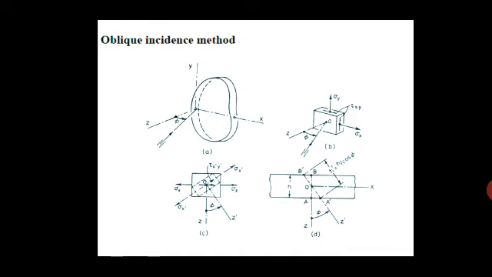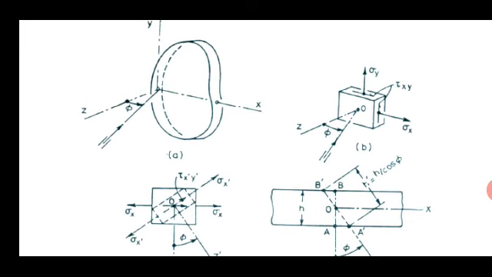Now, for the entire body, we will take an element of the body, that is, in terms of a two-dimensional body. For this two-dimensional body, let the incident ray be in the xz plane, and let phi be the angle between the z-axis and the incident ray.